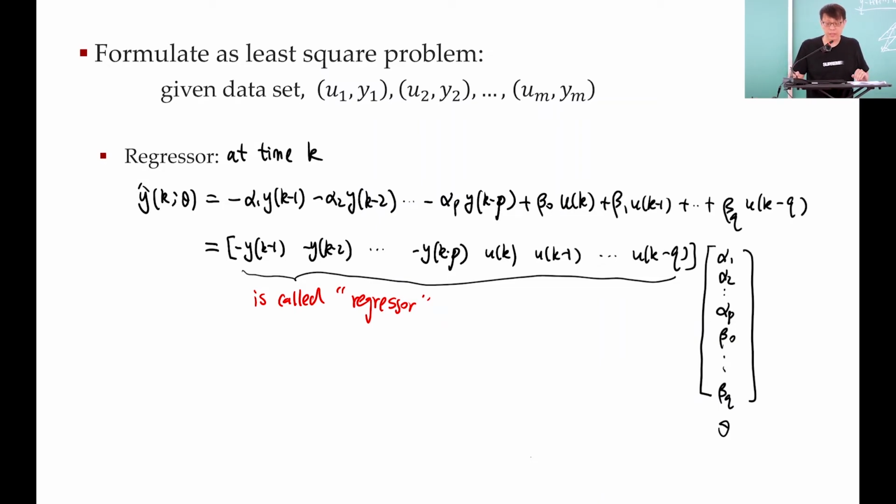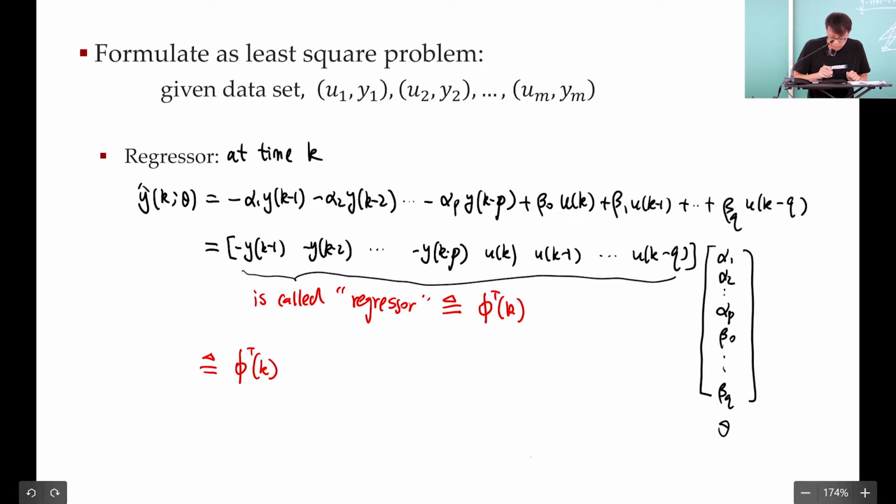Let's define it as phi transpose k. I hope you're fine with the notation. This is already minimal. What is phi transpose k? It is this entire row of data, constructed from data from the past, right? So in other words, this will be phi transpose k times theta: a row vector times theta.